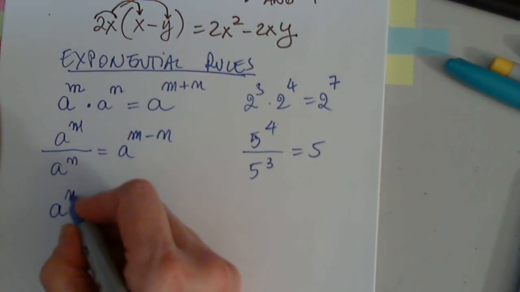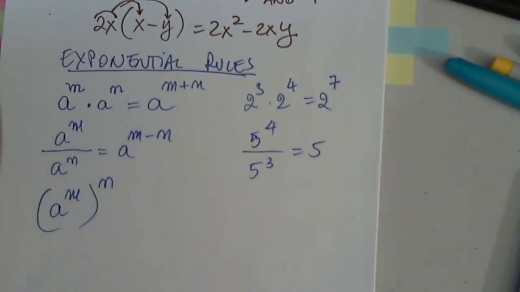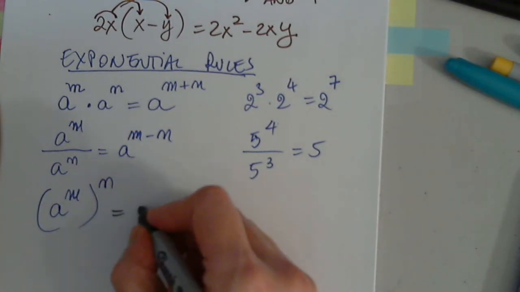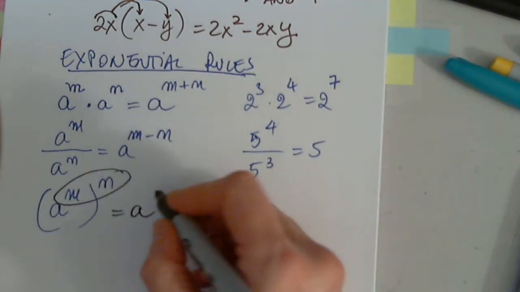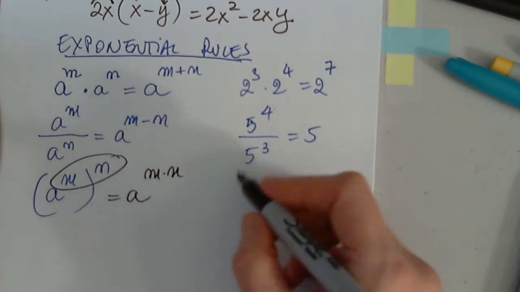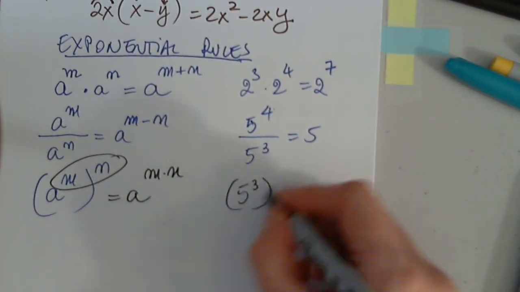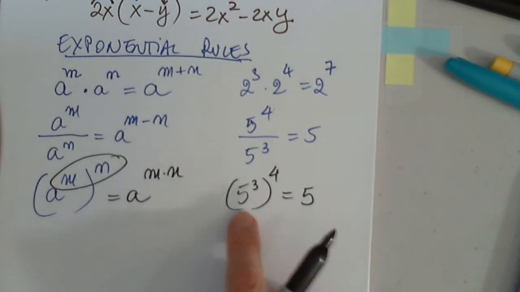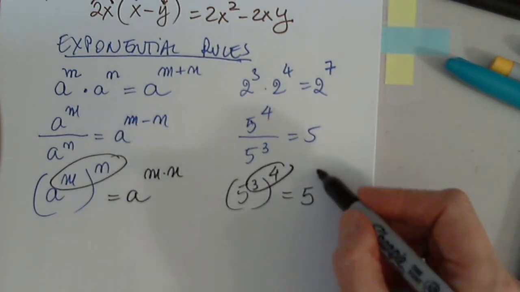Another exponential rule is this. When we raise an exponential expression to another exponent, here we copy the base and we multiply the exponents. So let's say 5 to the third, everything to the fourth will be, I copy the base but multiply the exponents.